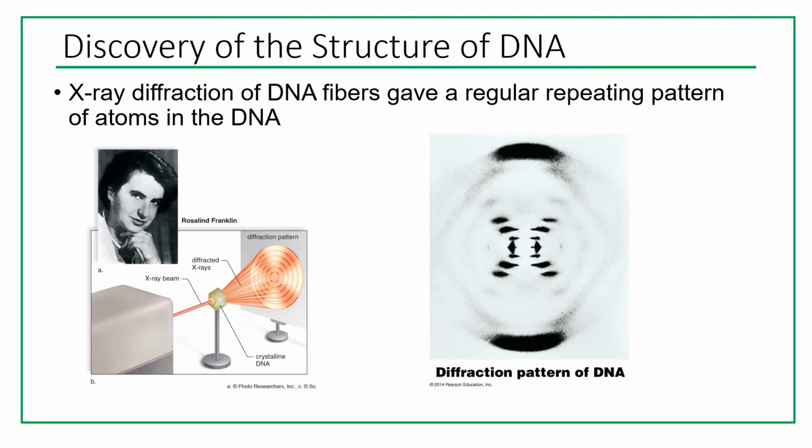Another piece of evidence that allowed scientists to discover the structure of DNA was the work of Franklin. Franklin took pictures of DNA using X-rays, and every time she got a picture, she saw this cross, but she couldn't figure out the structure based on her photographs.